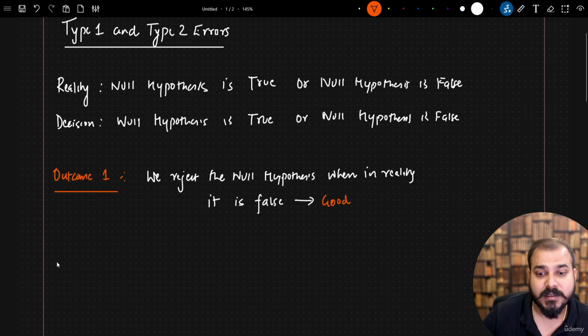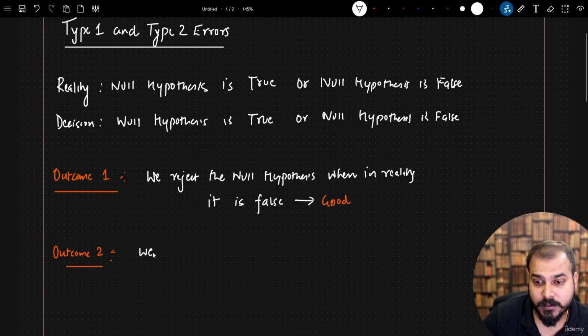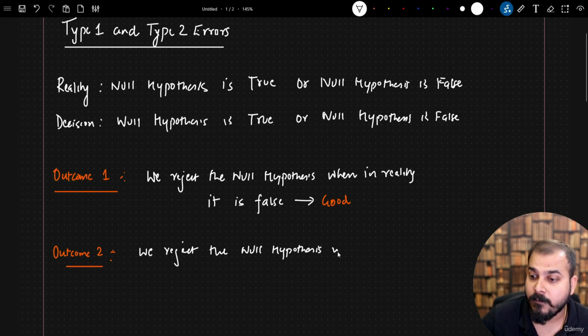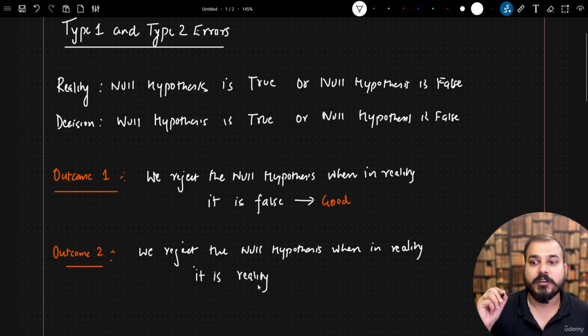Now what about the other scenario with respect to outcome 2? In outcome 2, I'm writing over here, we reject the null hypothesis when in reality it is true. See guys, in reality it is true, but we are rejecting the null hypothesis.